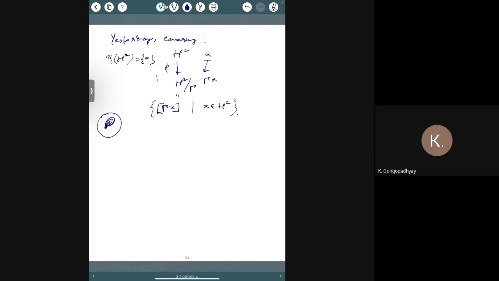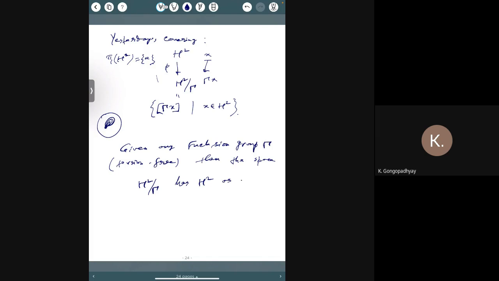So this means that given any Fuchsian group gamma, which I assume is torsion free, the space H2 mod gamma has H2 as its universal cover.